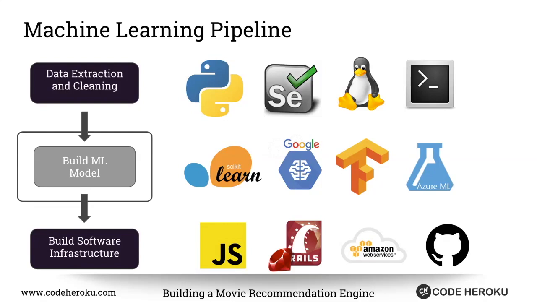To build the software infrastructure around your machine learning algorithms, you need to know a bit of JavaScript, Ruby on Rails, or something such as Web2PY that we have used in our previous workshops. And to collaborate with other people, you need to know GitHub, or if you want to deploy to the cloud, you end up using something such as AWS or Azure.